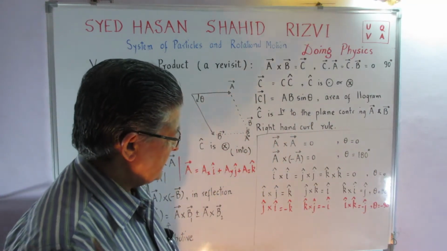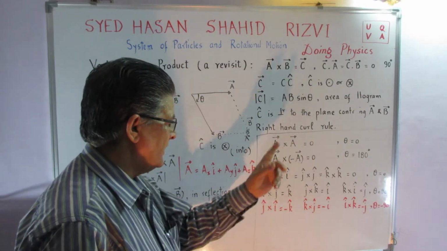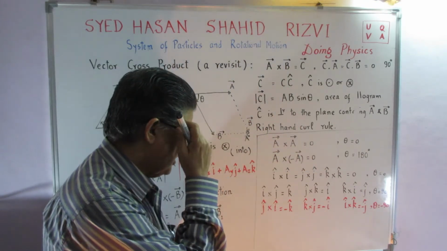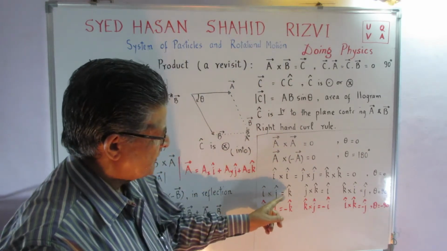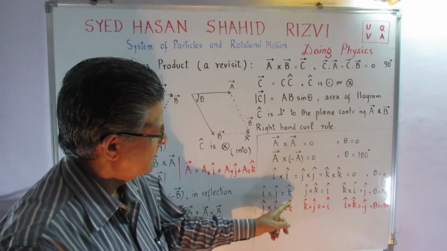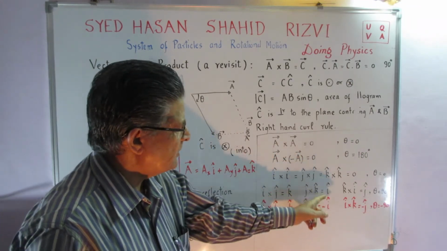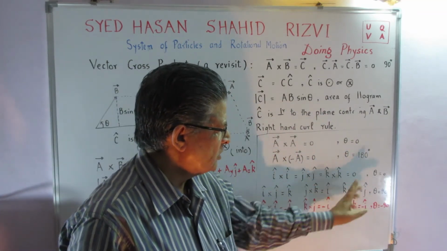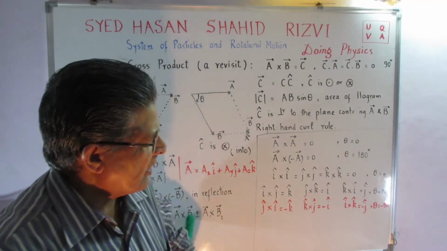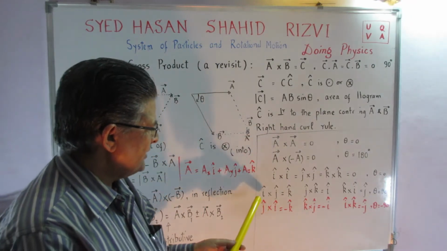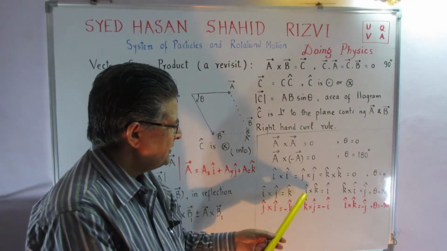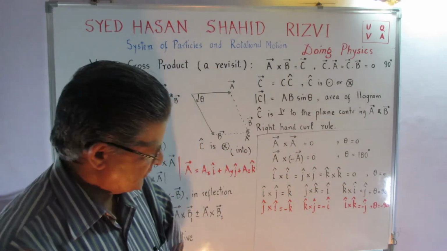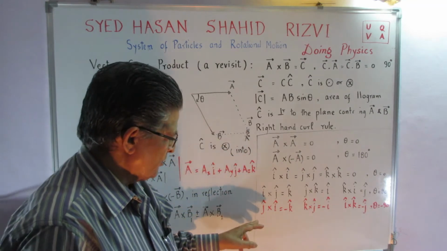But then taking the cyclic order I, j and k, I cross j is equal to k cap, j cross k is equal to I cap, and k cross I cap is equal to j cap, and in all these cases the angles between I and j, j and k, k and I are 90 degrees. I have done it before.